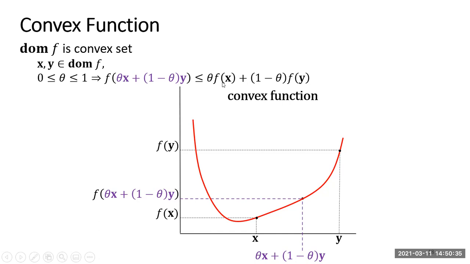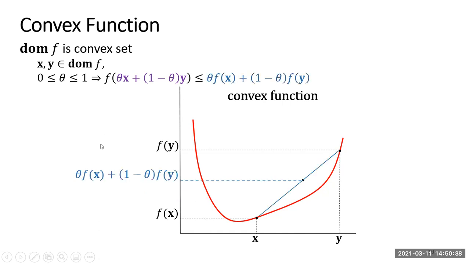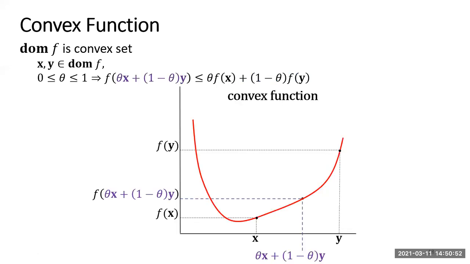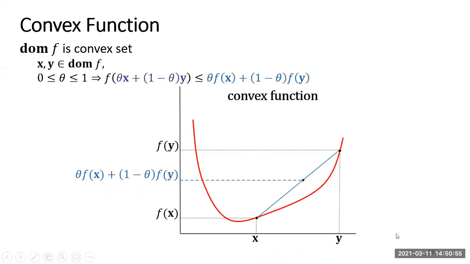Now let's try to find what's on the right side. This is x and this is y. This is fx, this is fy, correct? Now observe here. So this is theta fx plus 1 minus theta fy, because the ratio of this straight line segment to this straight line segment is theta is to 1 minus theta.